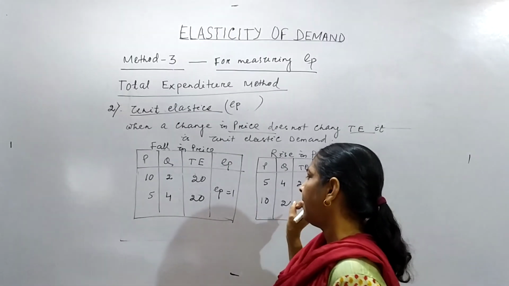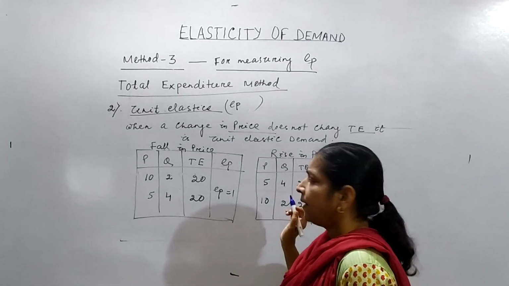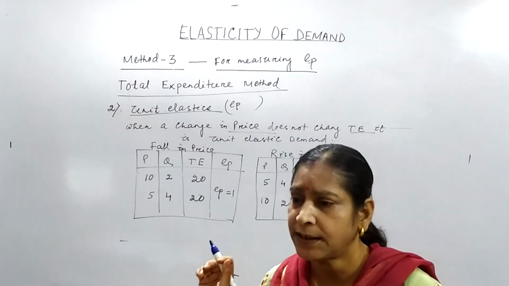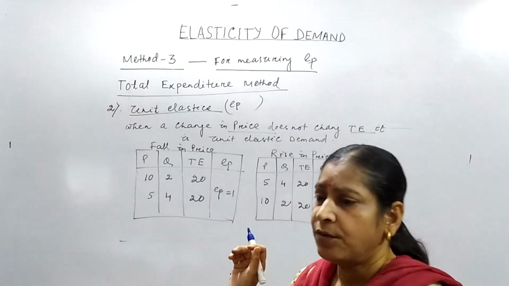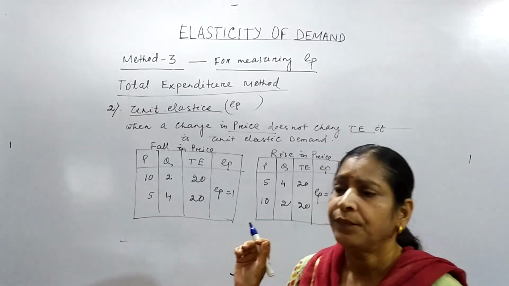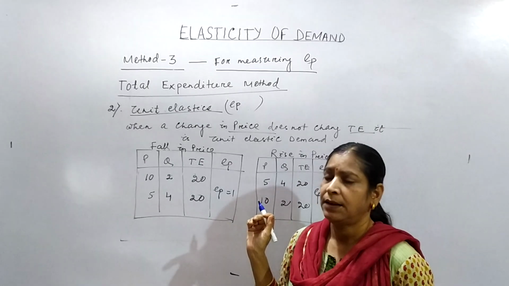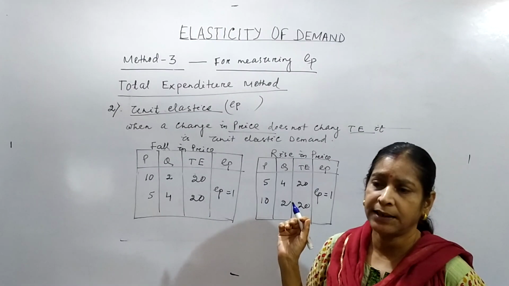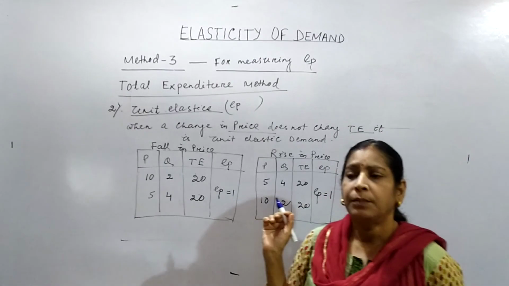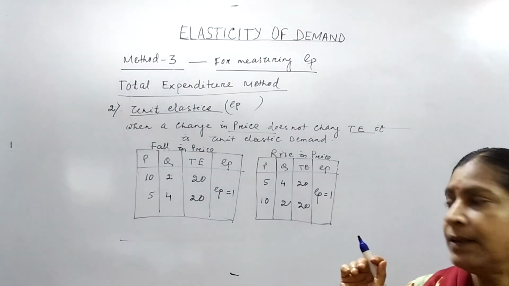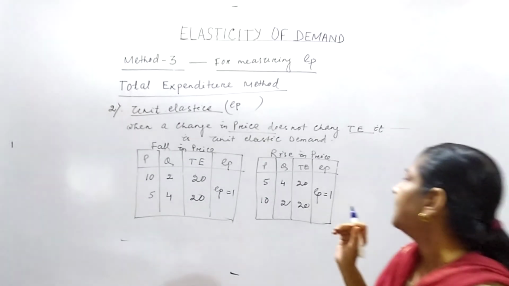Total expenditure same रहने से value of elasticity आपका 1 होगा. So you have to remember this trick for your foundation exam. The MCQ question will come from this part. You have to remember the trick to make your question right.